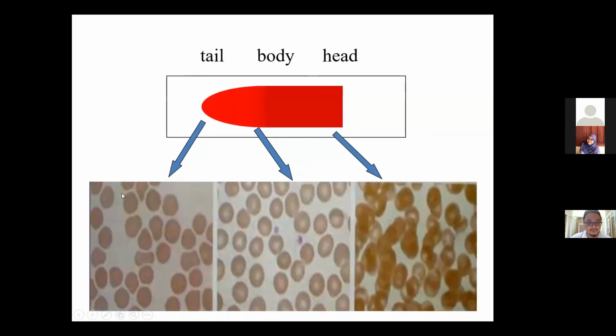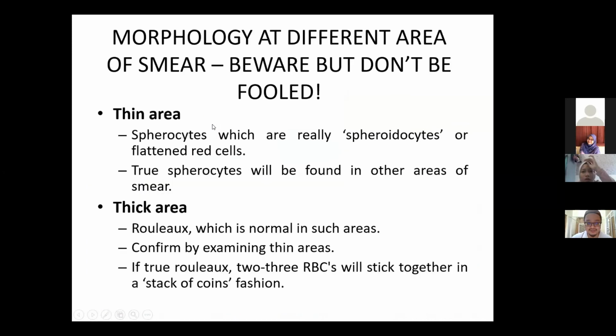This does not represent the actual status of the hematology system. It is an artifact due to the way the specimen is prepared, because fewer cells are present in this area. When we look at different areas of the smear, we must know what we look for and which part reflects the hematological status.